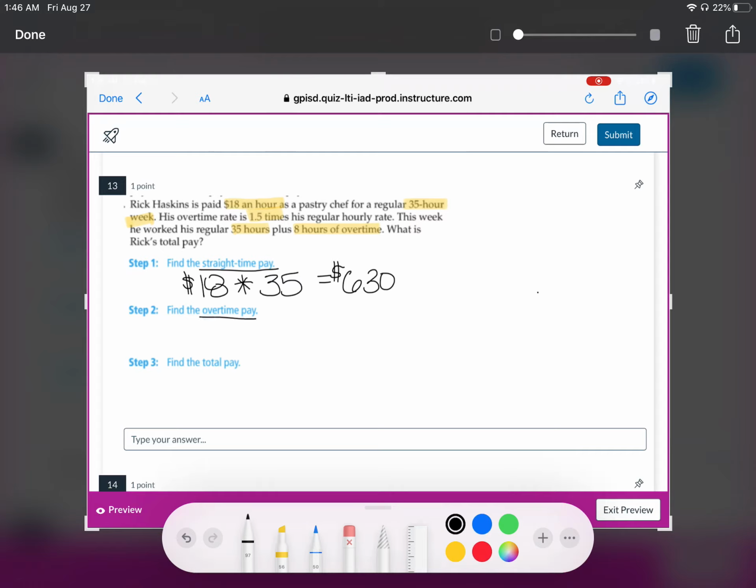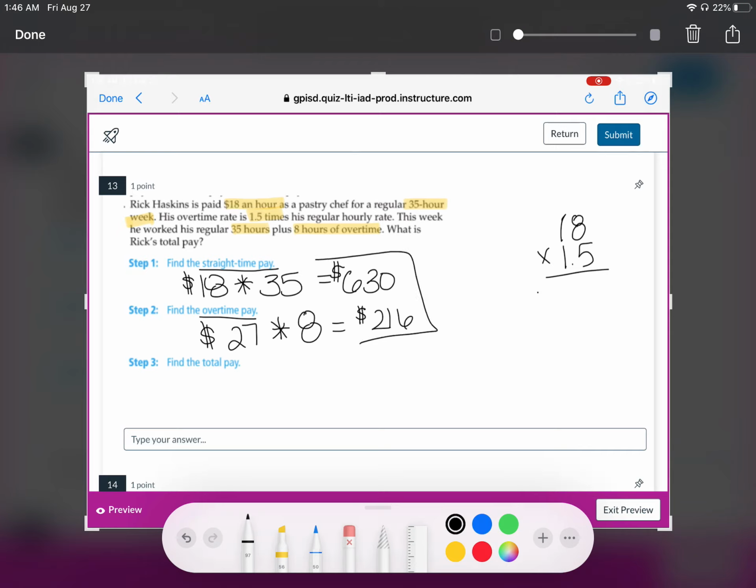Remember, for overtime, we have to take his pay, which is 18, and multiply it times 1.5. Rick's overtime pay is $27. He works 8 hours of overtime. That means that he makes $216 for overtime.